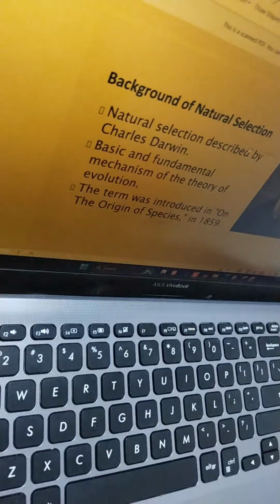The term was introduced in the book On the Origin of Species in 1859.